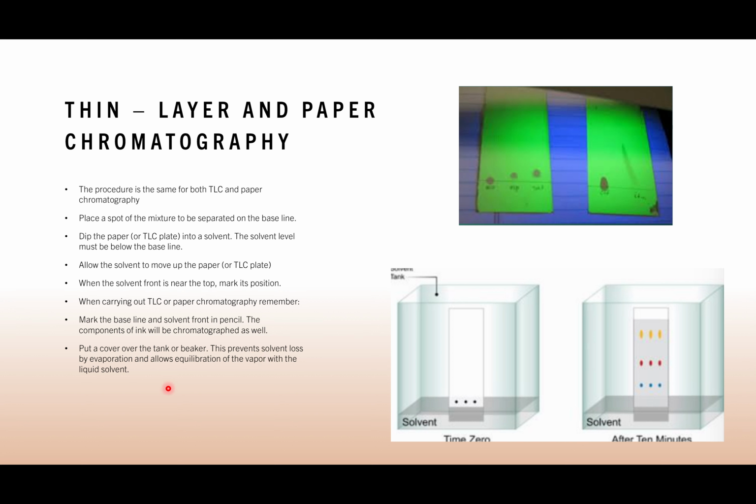So it keeps the system in equilibrium as the solutes become chromatographed and separate. So we always keep them in an enclosure, make sure that the solvent level is below our starting line, our baseline, and always mark our baseline and our solvent front with a pencil. Okay.